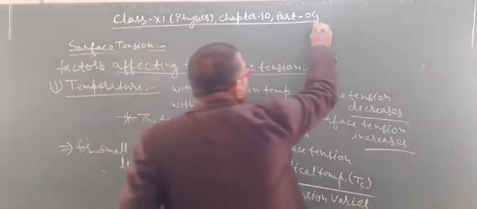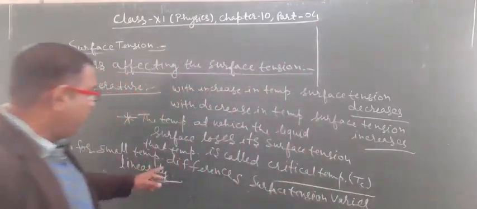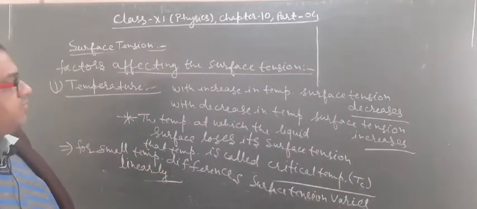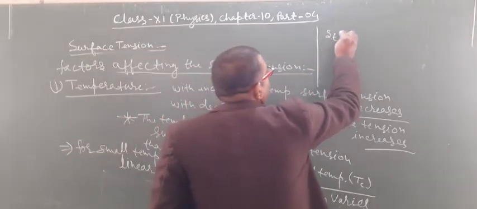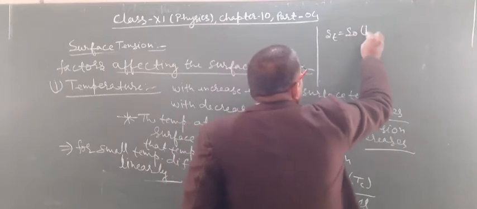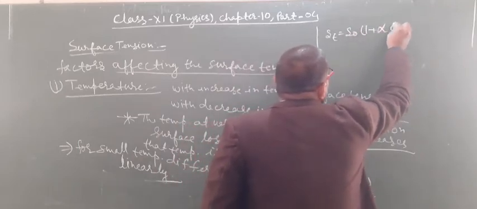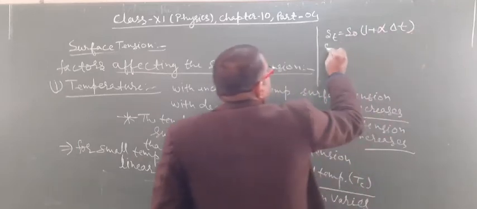Look at here. The variation of surface tension with the temperature can be given as St is equal to S naught 1 plus alpha delta T.